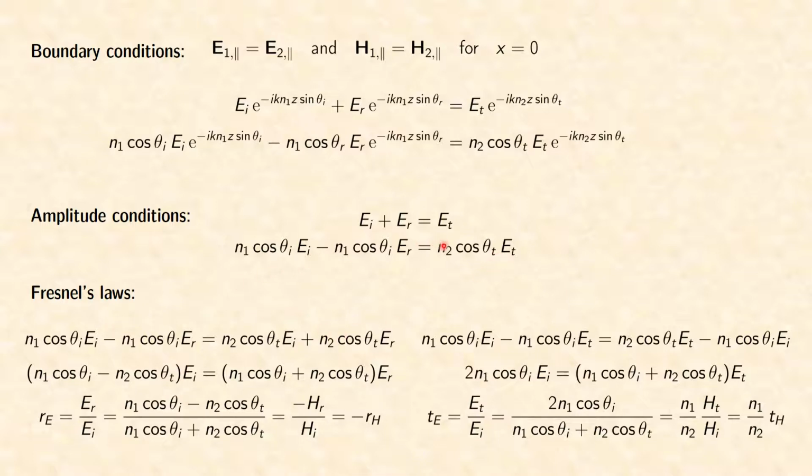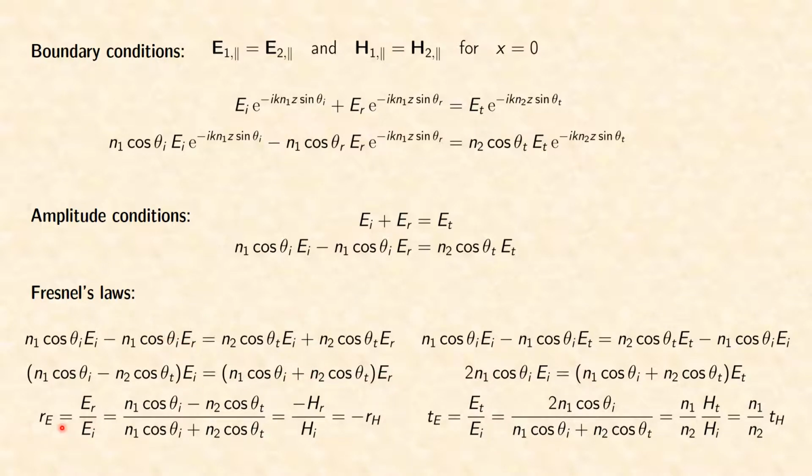In the first step, we use the first equation and insert it in the second one, in E_T. Then we get an equation with 4 terms, and in the next step we sort the terms with the E_I factor on the left-hand side and the terms with the common factor E_R on the right-hand side.